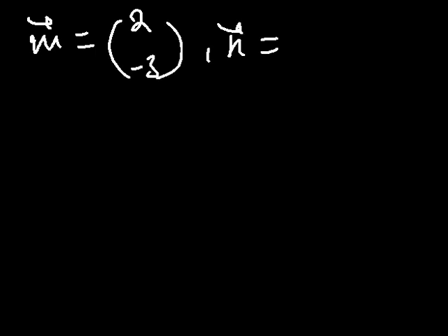Let's say given that the vectors m, which is (2, -3), and the vector n, which is (8, y), are parallel vectors. We have to calculate the value of y, given that those two vectors are parallel.